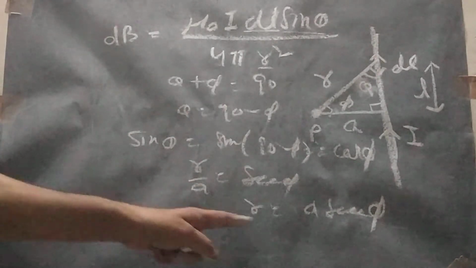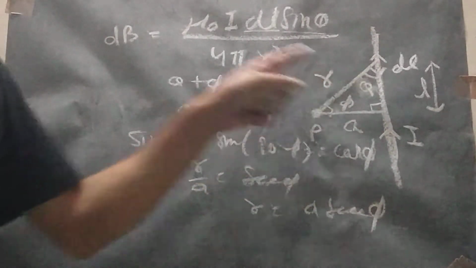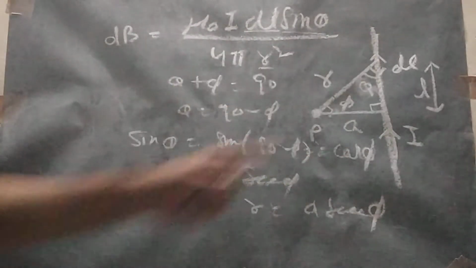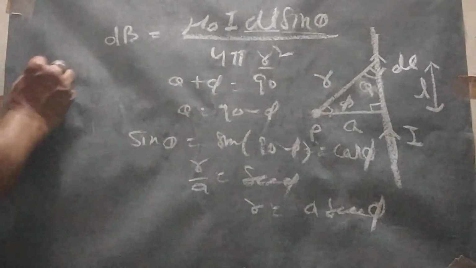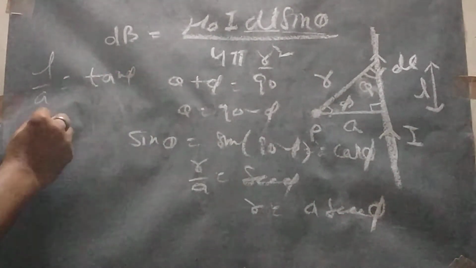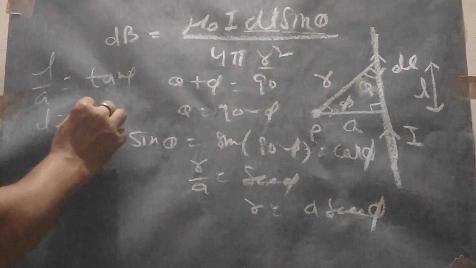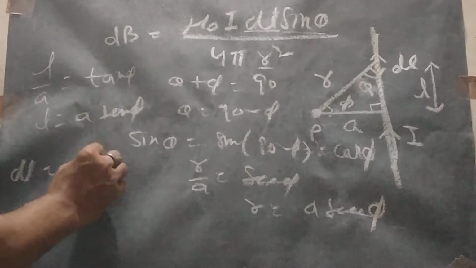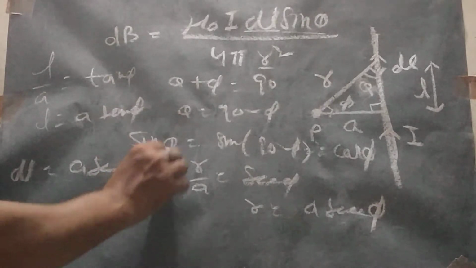So here we have evaluated r in terms of a and phi. Now we have to evaluate dl in terms of a. Here again L by a is tangent of phi. Therefore L equals a tangent phi, and hence dl equals a secant square phi d phi.